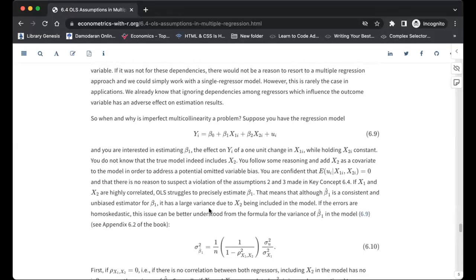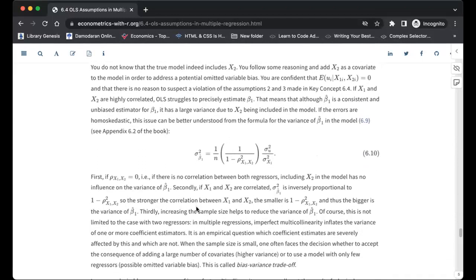Beta 1 hat will still be a consistent and unbiased estimator for beta 1, but it has a very large variance due to the inclusion of x2 in the model.